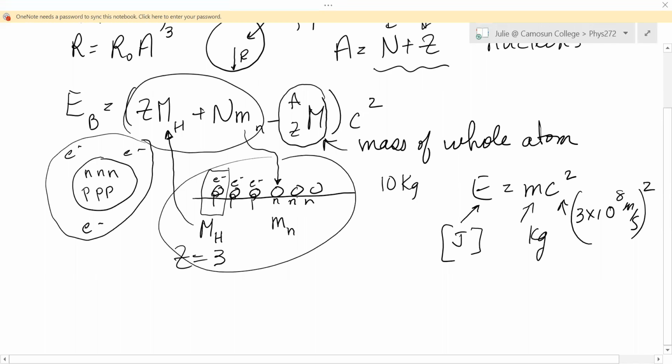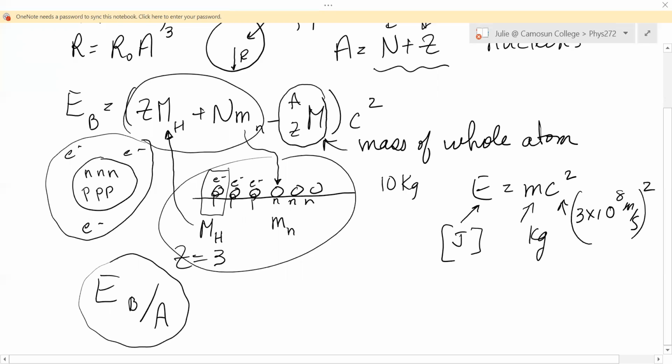Now, this is an enormous amount of energy per nucleon. Often what we do is we calculate the binding energy per nucleon. So we go per A. And for the bigger nuclei, like uranium, thorium, radium, those kind of things, this is a huge amount of energy. And this is the amount of energy that gets released when nuclear reactions take place.